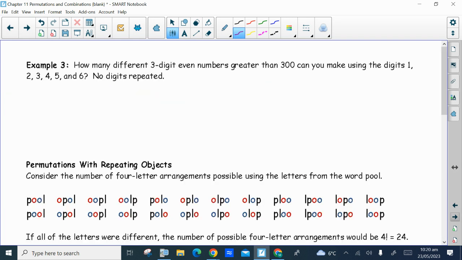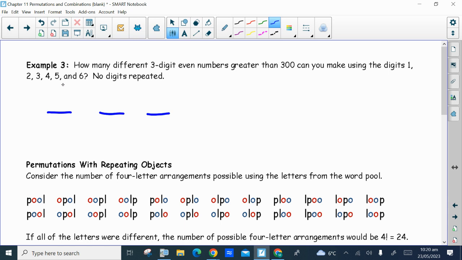On the next page, how many different 3-digit even numbers greater than 300 can you make using the digits 1, 2, 3, 4, 5, 6 with no digits repeated? So we're going to make 3-digit numbers, so we'll mark down 3 spaces. And before I even do this part, there's 2 different scenarios that you have to look at.